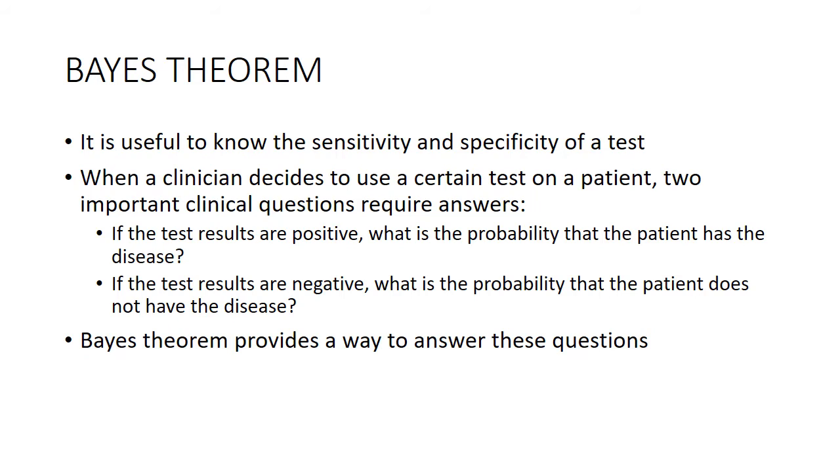When you decide to use a test on your patient, two questions you have are: if the test result is positive, what's the actual probability that the patient has the disease? And if the test is negative, what's the probability the patient does not have the disease? We talked about positive predictive values previously, but Bayes' theorem is also going to help us with a way to answer these sorts of questions.